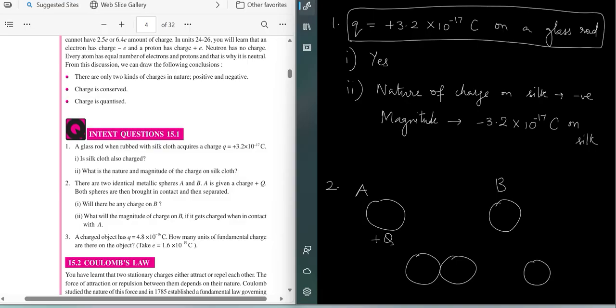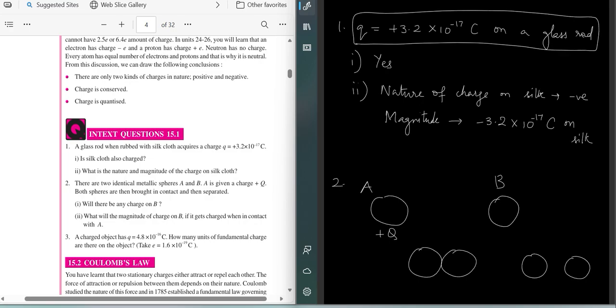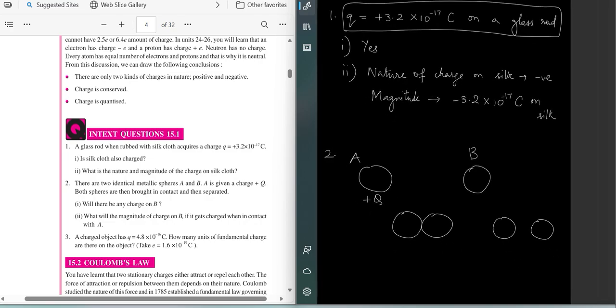So will there be any charge on B? Yes, through contact. So the first part is yes, charge developed on B.